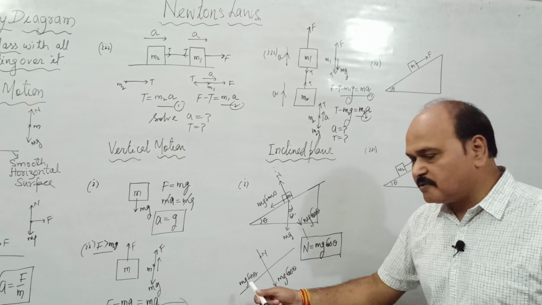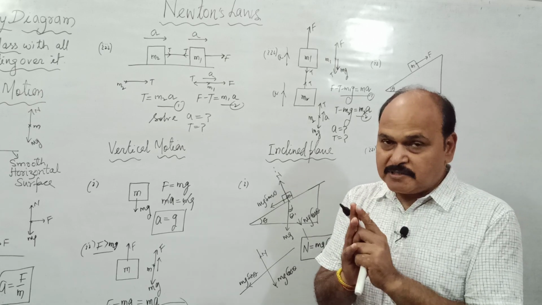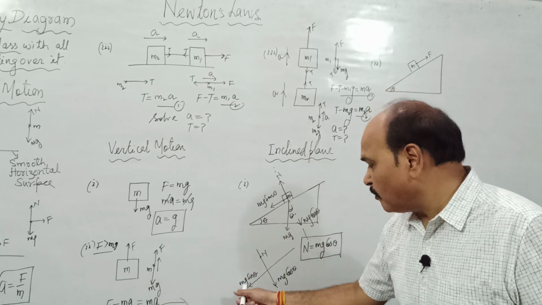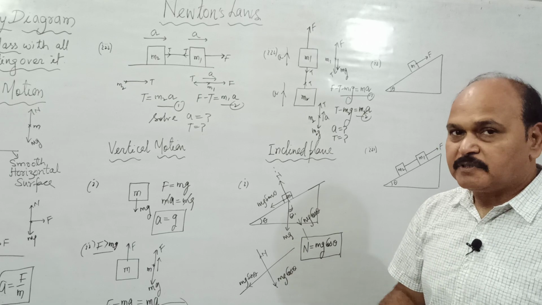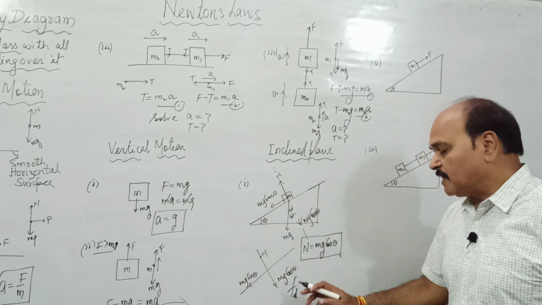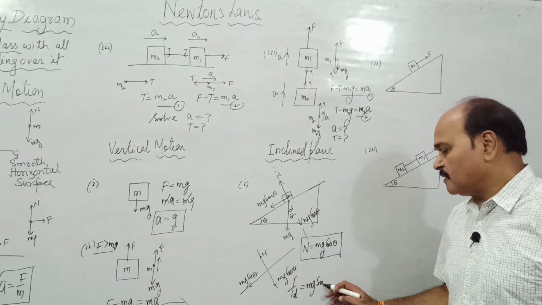But what about this force mg sin theta? Mg sin theta force remains uncancelled by any other force. So this is the lone force acting over the body. This is the net force acting over the body. So net force acting over the body is where? Down the incline, and that force is what? mg sin theta.